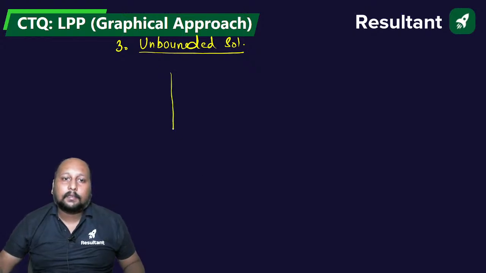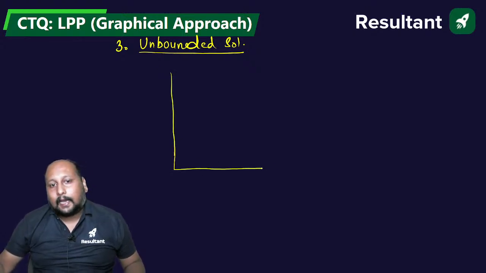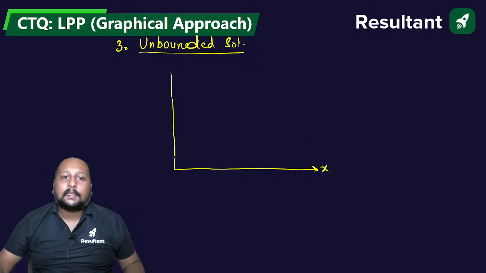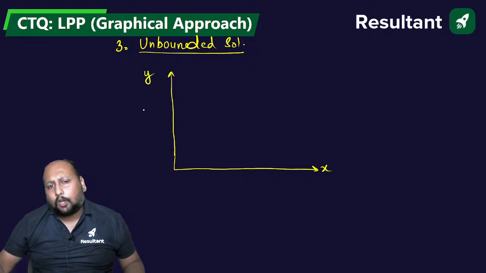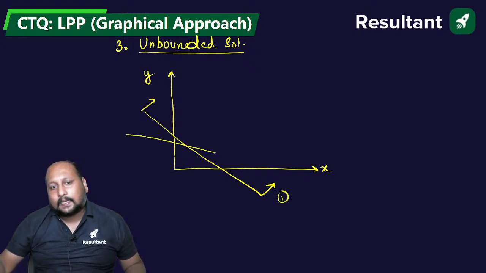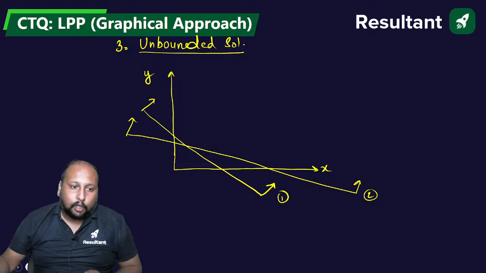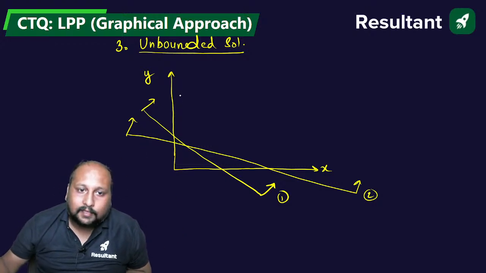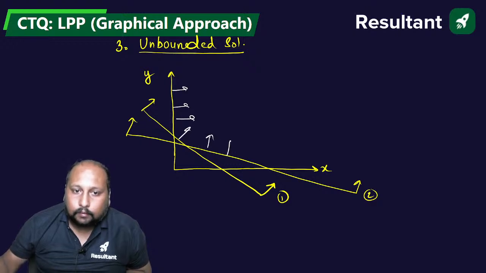Let us suppose I have this as the x axis and this as the y axis, and we have this kind of constraint. This is constraint number 1 and this is constraint number 2, and both are away from the origin. So if I try to identify the feasible region, this will be the feasible region.